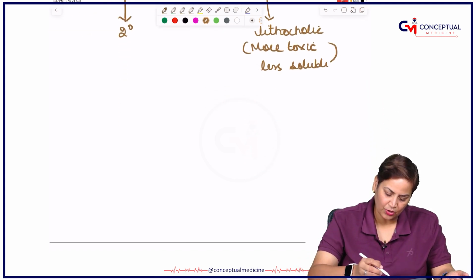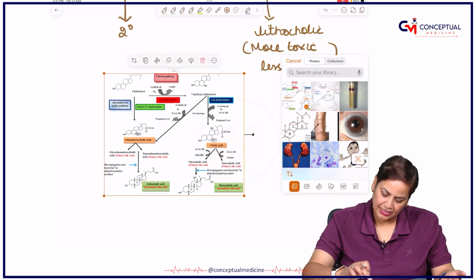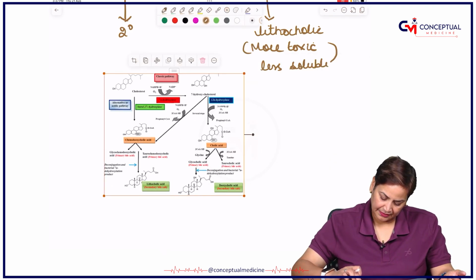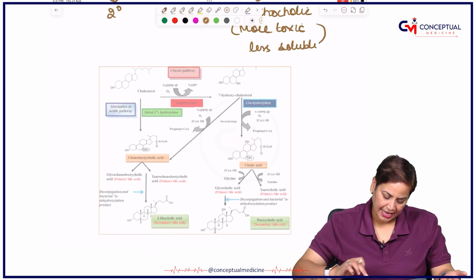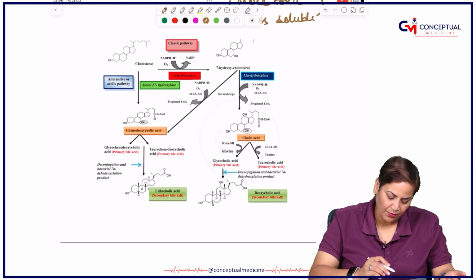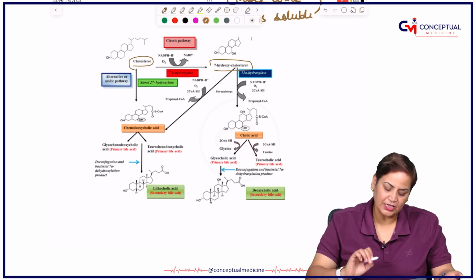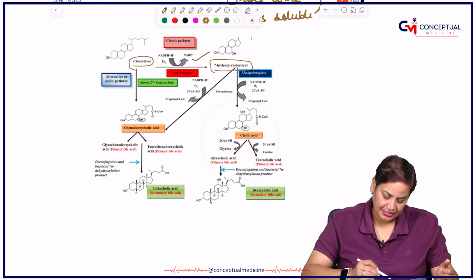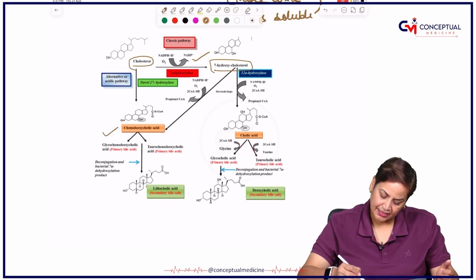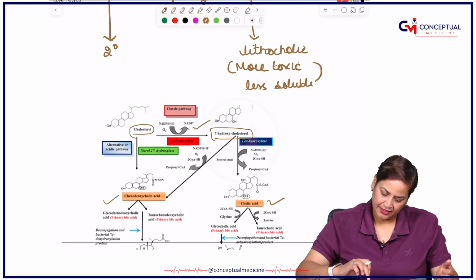So I'll just show you one picture also, which is relevant to this. You can see this picture, which is completely explaining the entire thing. Here you can see that it starts from cholesterol, which we have discussed. It forms 7-hydroxycholesterol. 7-alpha-hydroxylase is the rate limiting enzyme, which is forming cholic acid, deoxycholic acid and lithocholic acid, and that is what we have mentioned here.